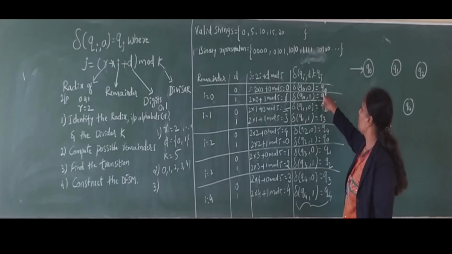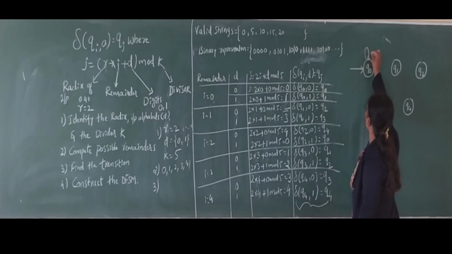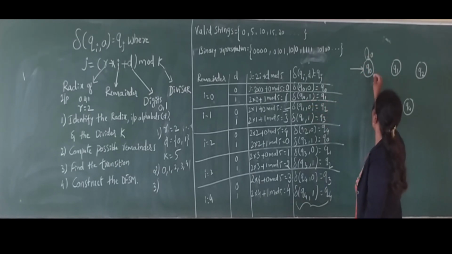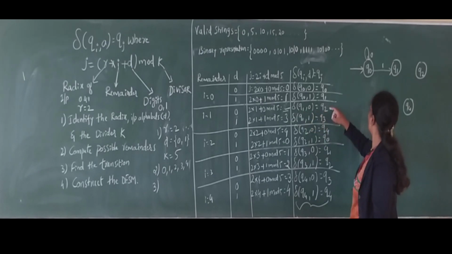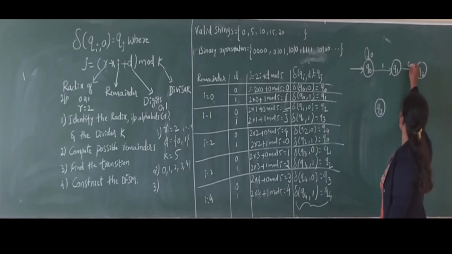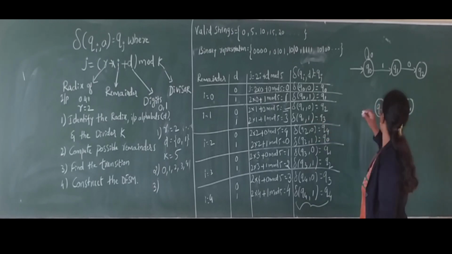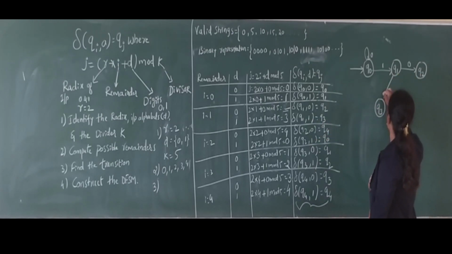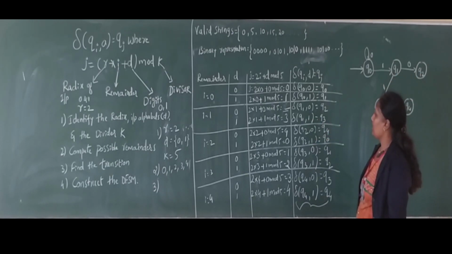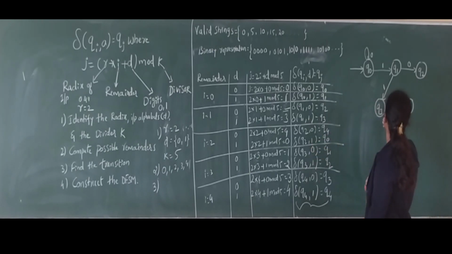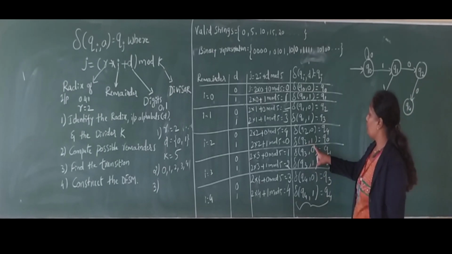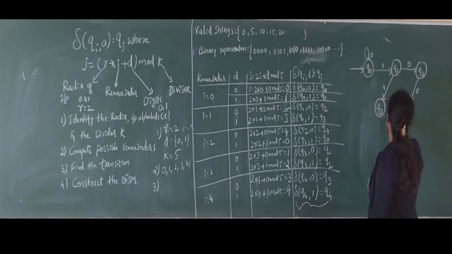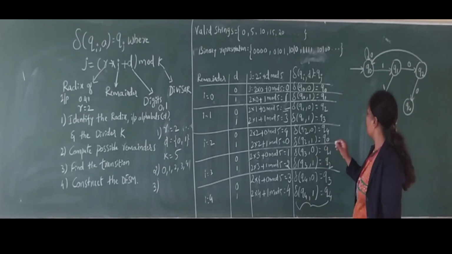So Q0 of 0 is Q0 itself, Q0 of 1 is Q1. Next, Q1 of 0 is Q2, Q1 of 1 is Q3. Next, Q2 of 0 is Q4, Q2 of 1 is Q0.